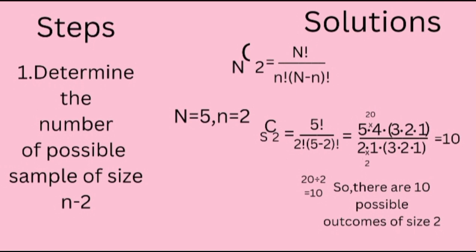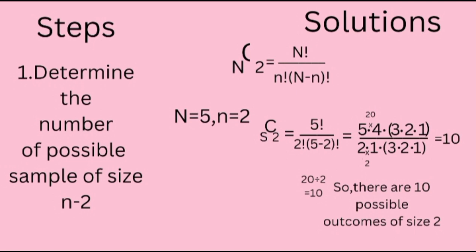factorial. So 5 factorial means we're going to multiply the numbers from 5 down to 1. That is 5 times 4 times 3 times 2 times 1. 2 factorial means 2 times 1, and 5 minus 2 is 3 factorial, so that is 3 times 2 times 1.